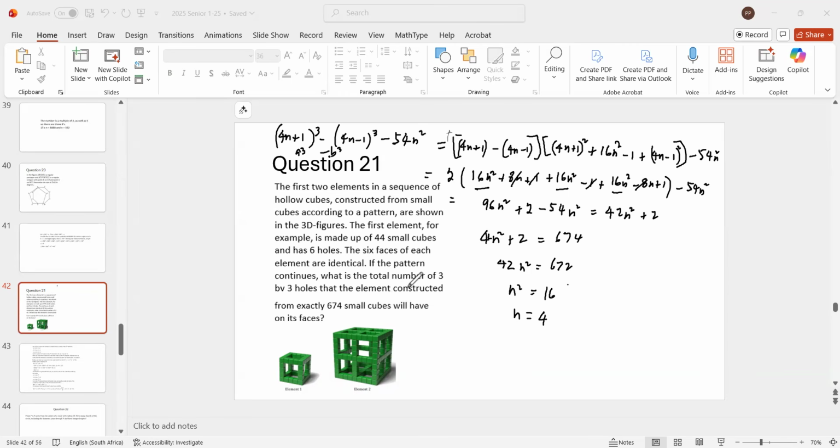The question here is, if the pattern continues, what is the total number of 3 by 3 holes that the element constructed will have on its faces? So we're still not at the end of this. The number of 3 by 3 holes equals, we saw that on each face there were n squared holes, but there are 6 faces, so it's 6n squared, and n is equal to 4.